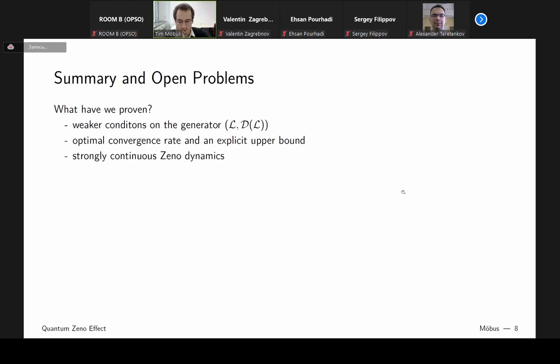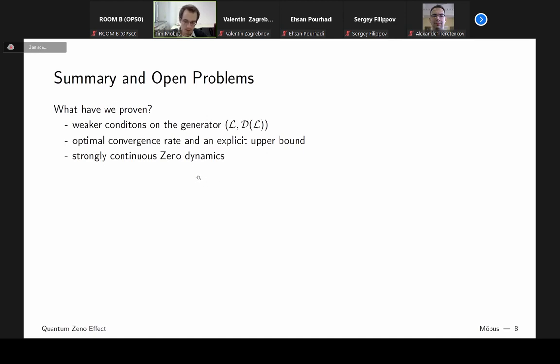So what have we proven? First of all, we achieved the optimal convergence rate for the quantum Zeno effect, and we give explicit upper bounds, especially for the first theorem, which seems to also be useful in, for example, finite dimensional or closed quantum systems.